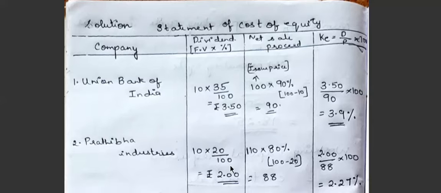So 10 into 20%, you will get 2 rupees. Then 110 into 80%. Now 110 is the issue price, which you check in the problem. How did you get this 80%? You deduct the issue expenses. We assume 100 is the total percentage minus 20% issue expenses, which is given in the problem.